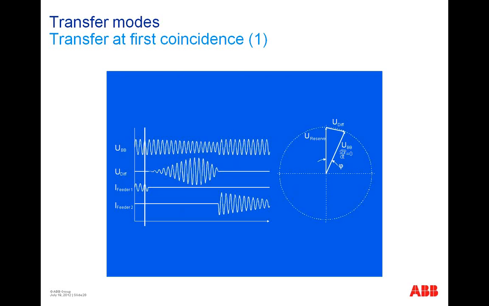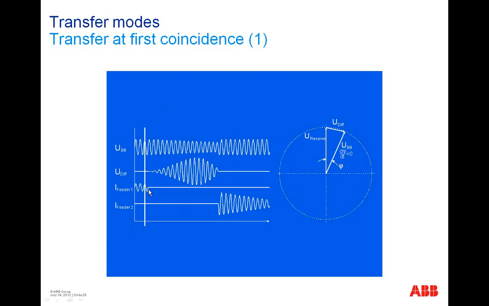Only open, not closing the standby feeder breaker, only open to disconnect the failure from the bus bar. And then the breaker is opened. The motors are running at high speed, they are declining, and also with this declining, the frequency changes. So, I would like to explain it here.